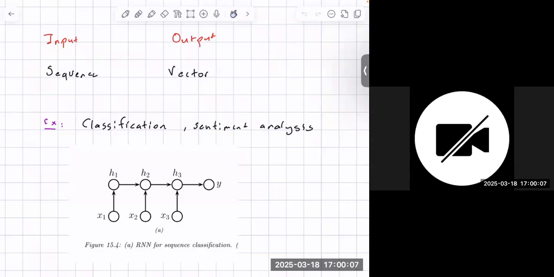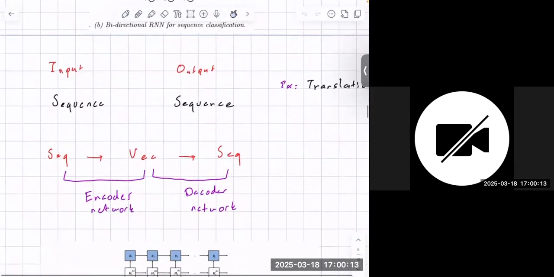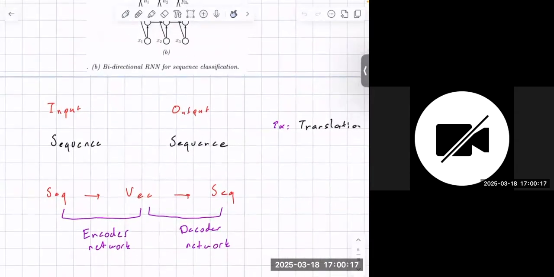And then the thing I usually see more, probably because of what I read, is sec to sec. And how does sec to sec work? Let's say you're translating from English to German. You take a sequence, all the words, okay?